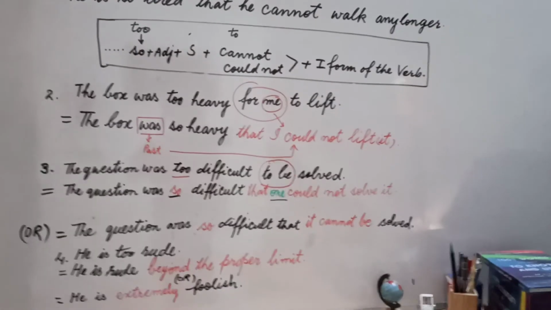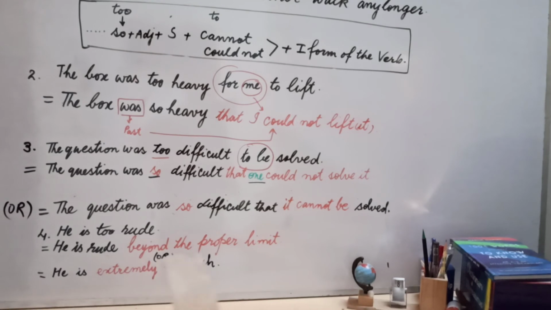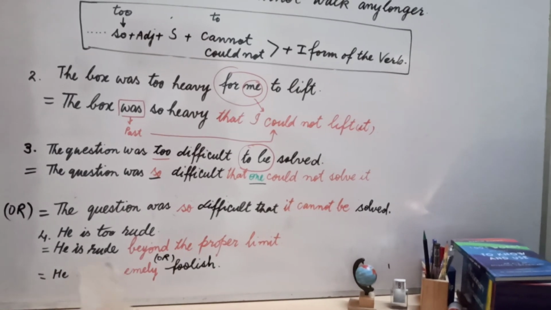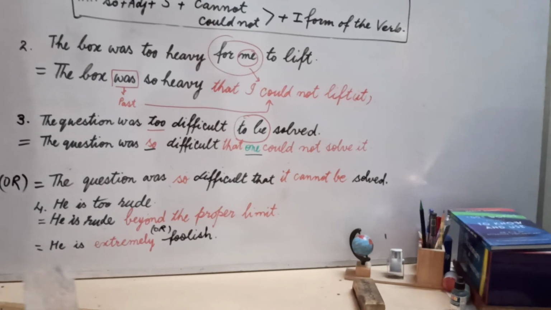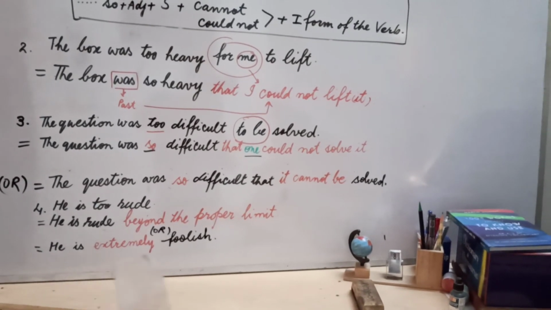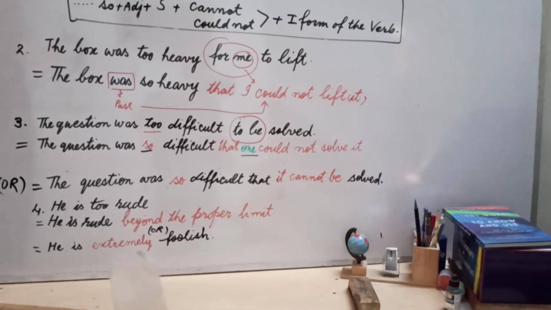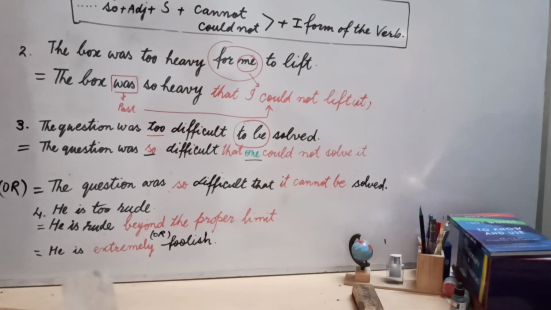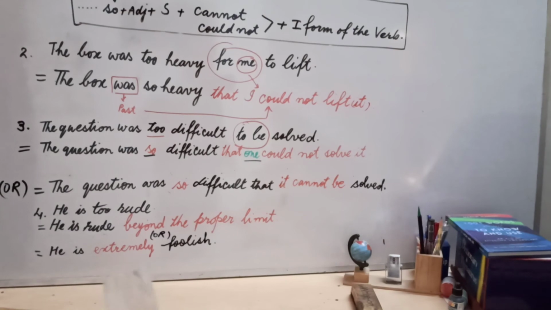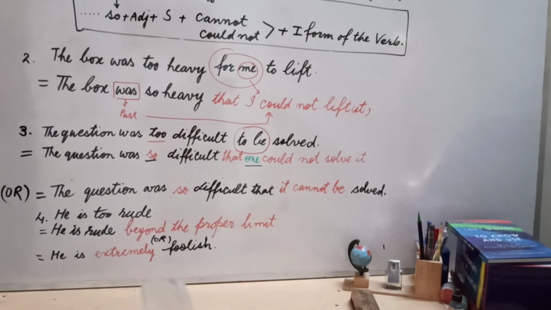That's why I wrote here, he is too rude, he is rude beyond the proper limit. Or you can also write, he is extremely foolish, because the meaning of beyond the proper limit is equal to extremely, means in excess.